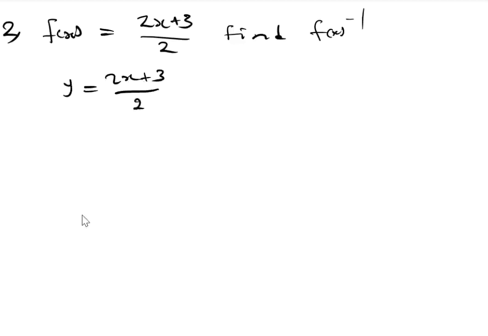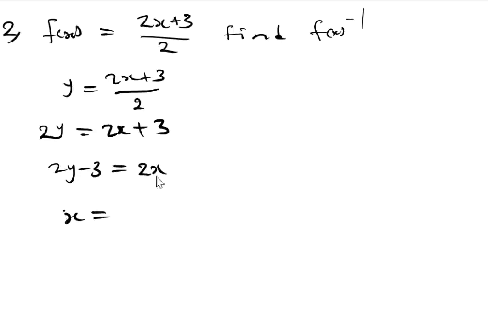Rule number 2, make x the subject of the formula. To do that, we cross multiply. This is 2y equal to 2x plus 3, which is 2y minus 3 equal to 2x. When you divide by the coefficient of x, I have that x is equal to 2y minus 3 divided by 2.